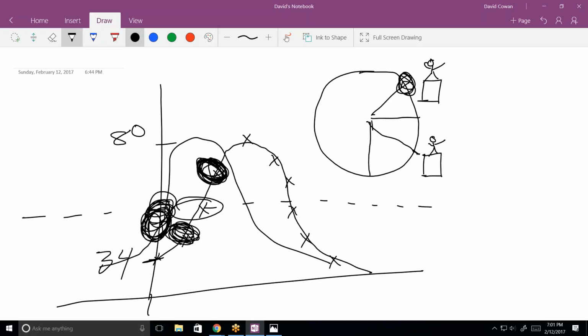Both are equally sound. The general rule of thumb is you use cosine or sine depending on what gives you the least phase shift. If you can use cosine with a pi over 6 phase shift, as opposed to sine with a 5 pi over 6 phase shift, then you use the cosine.